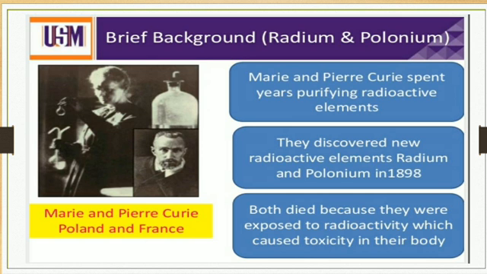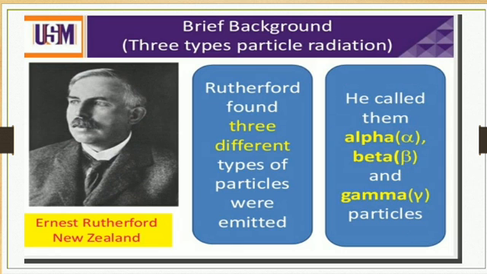These elements naturally emit radiation. Both died because they were exposed to radioactivity, which caused toxicity in their bodies. So Marie Curie discovered radioactive elements like radium and polonium.